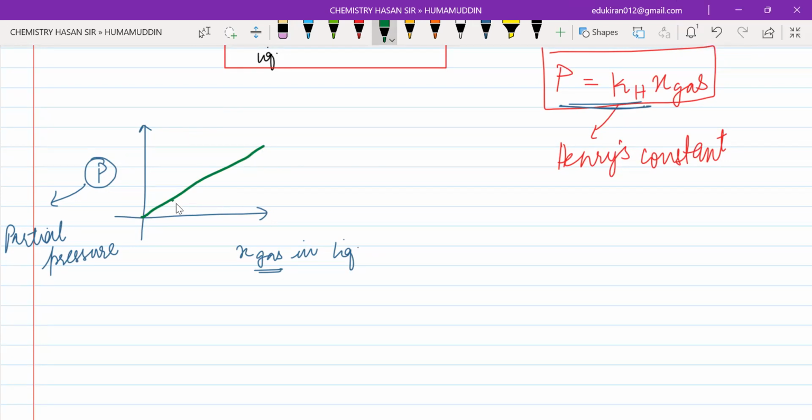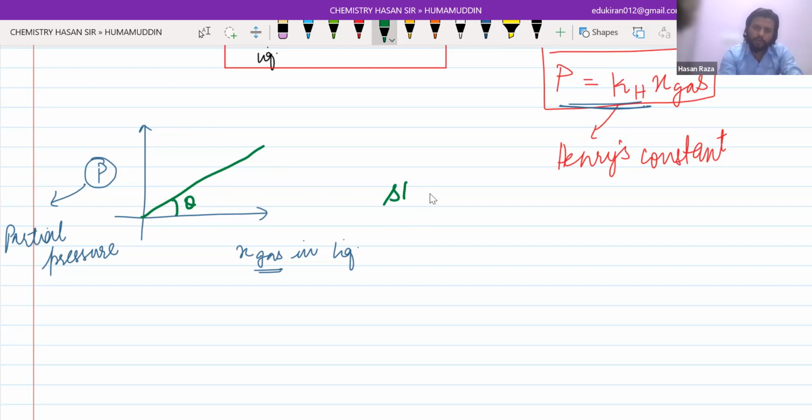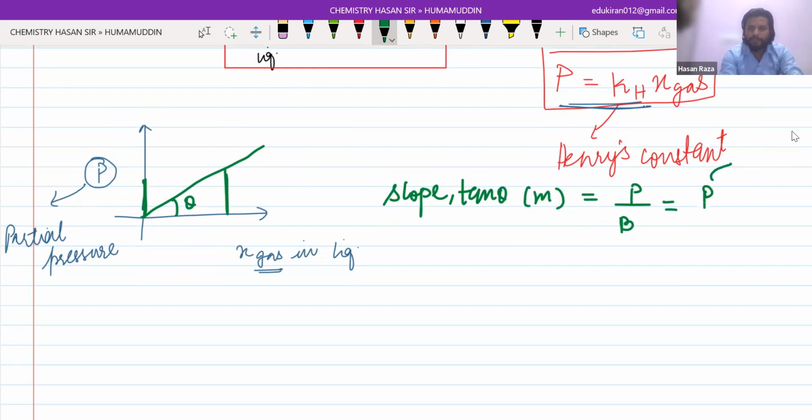Okay, can anyone tell me what the slope of this equation tells you? What will be the slope? Slope means tan theta. We represent it by m. Slope, tan theta, means perpendicular upon base. So this is your perpendicular that represents your partial pressure, P. And the base represents your mole fraction of gas in liquid.